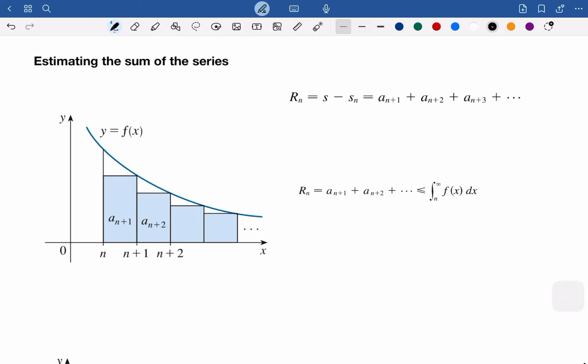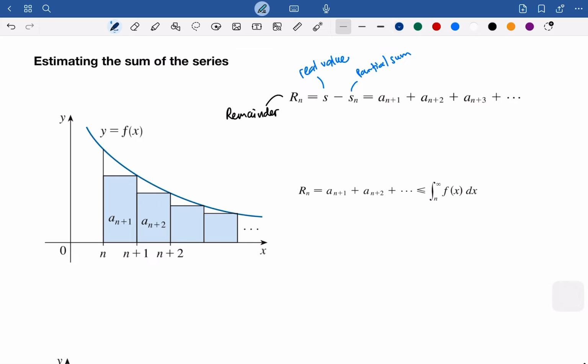The error will be defined as S minus Sn, the real value minus the estimation. So this is the real value, and this is the approximation to S, the partial sum. This is what we call the remainder.